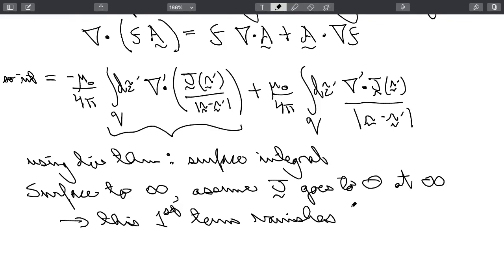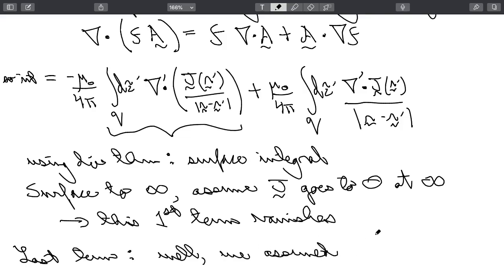Right. Now, for the last term, we assumed essentially a steady state.